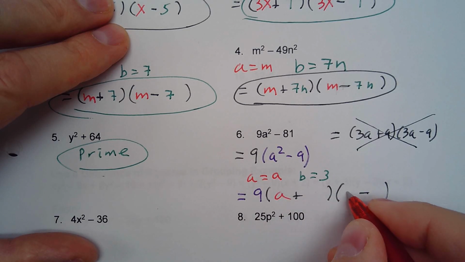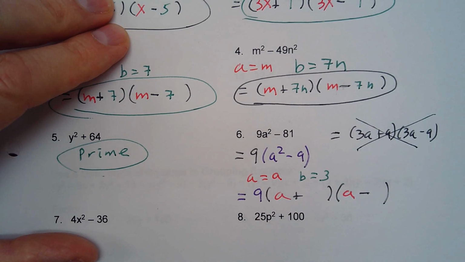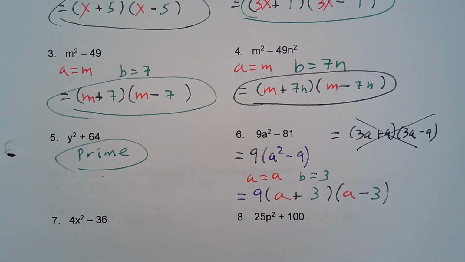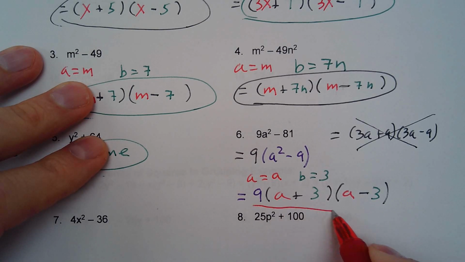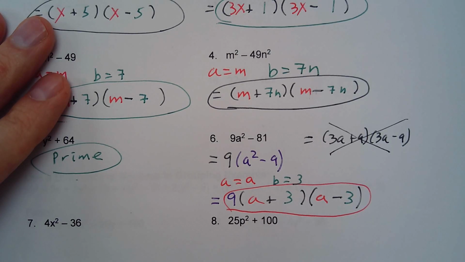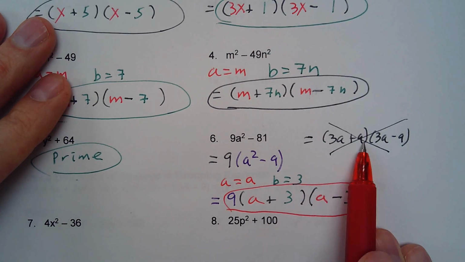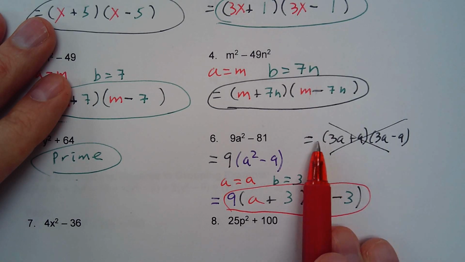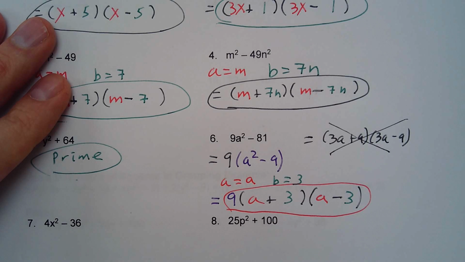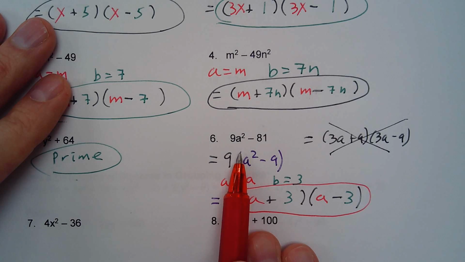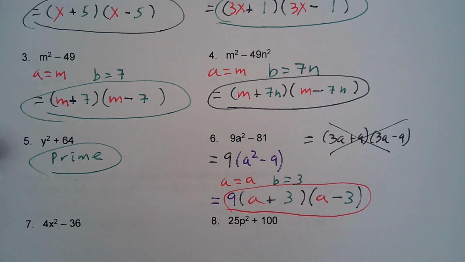And then we're going to have a plus 3 and a minus 3. So that's the way you want to do it. Also just note, if I factor out a common factor 3 here, factor out a common factor 3 here, I get 3 times 3 gives me the 9. It's just a lot harder to extract that than if you get the greatest common factor first.